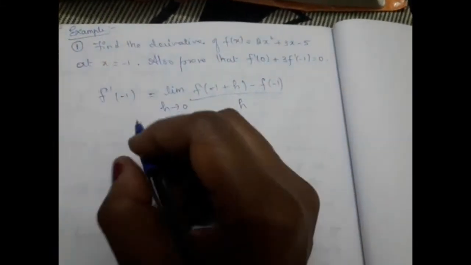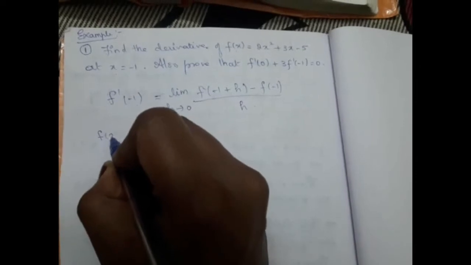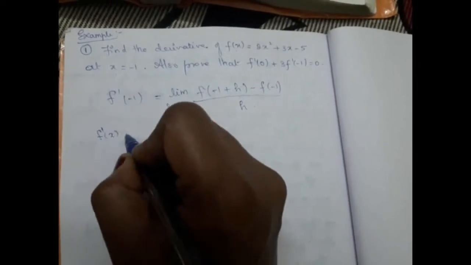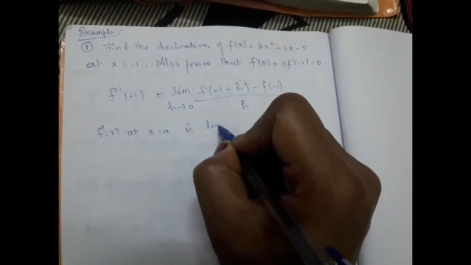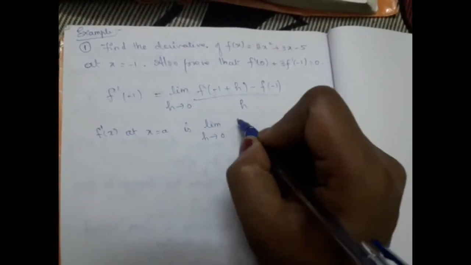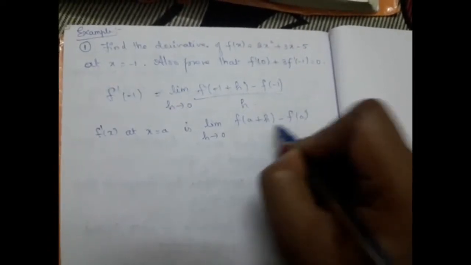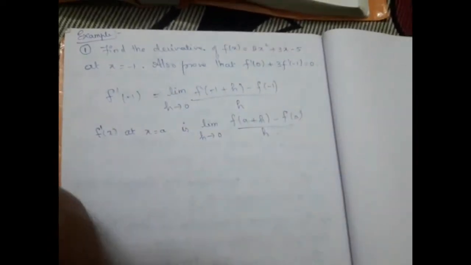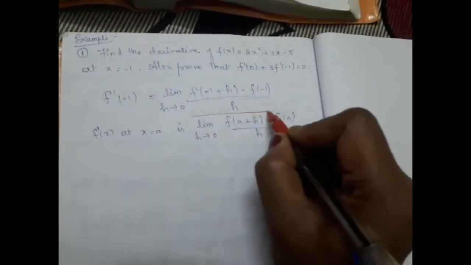Hope you remember the formula. The formula is f dash of x at x equal to a is limit h tends to 0, f of a plus h minus f of a divided by h. This is the formula, right? This is what we have substituted here.